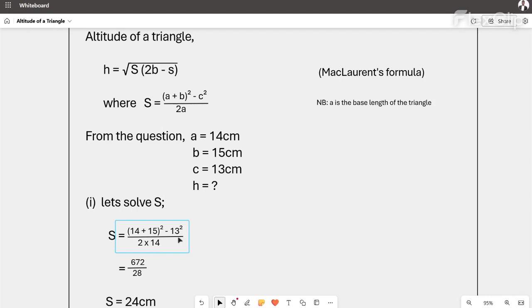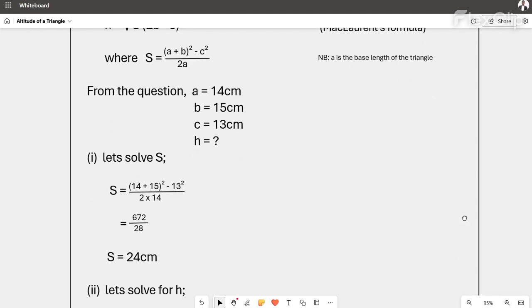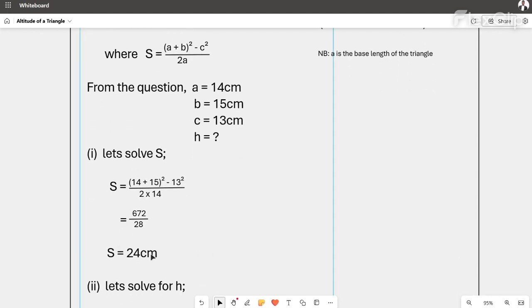If you do the calculation, the numerator part will give you 672 and the denominator part will give you 28, so 2 times 14 is 28. Now if you divide this ratio, S will be equal to 24 centimeter. This S is equal to 24 centimeter when we process these given values.